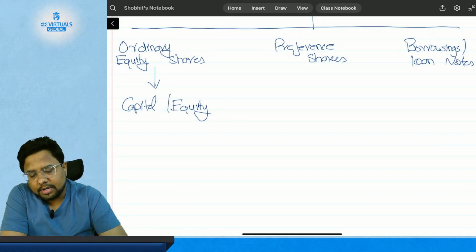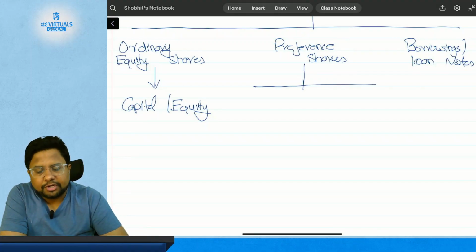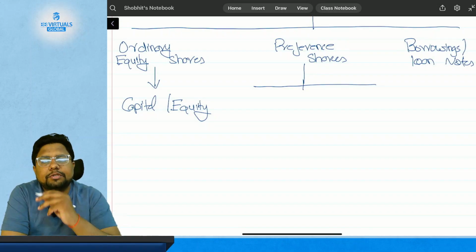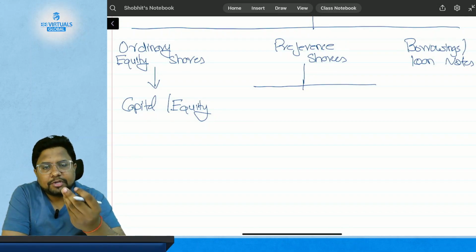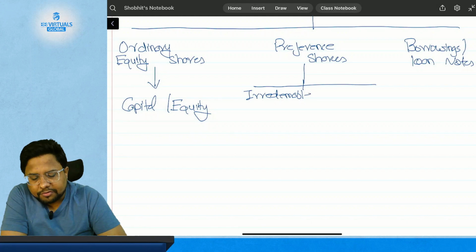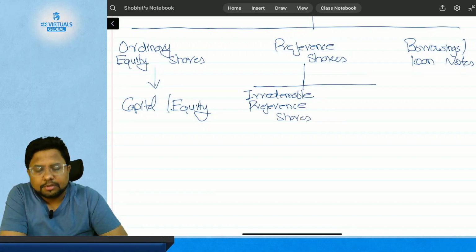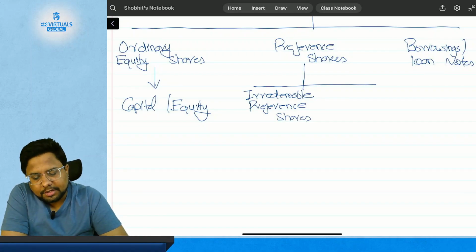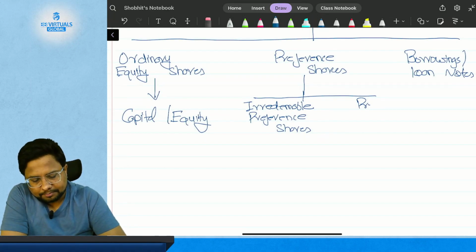Then we have preference shares, which are of two types. The first one is irredeemable preference shares.